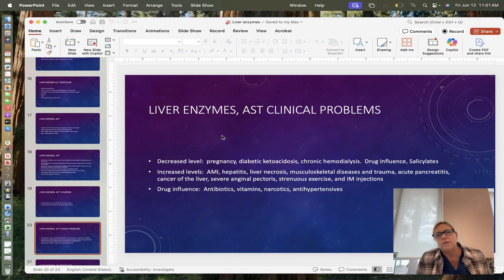Decreased levels, we can see in pregnancy, DKA, chronic hemodialysis, and drug influences; salicylates can definitely decrease these levels of AST. Increased levels, we will see with alcohol intoxication, acute MI, hepatitis, liver necrosis, musculoskeletal disorders, trauma, acute pancreatitis, cancers of the liver, angina, strenuous exercise, and even giving an IM injection, because AST is found in the muscle.